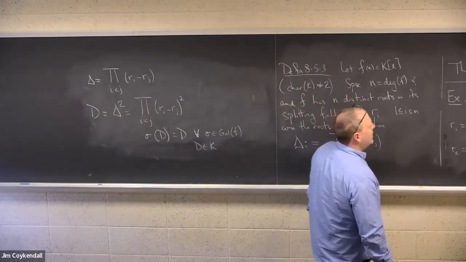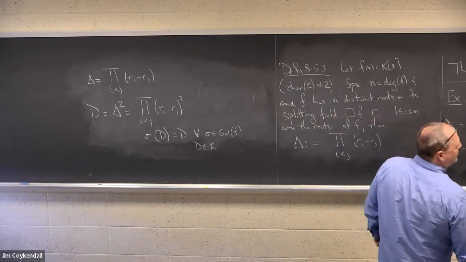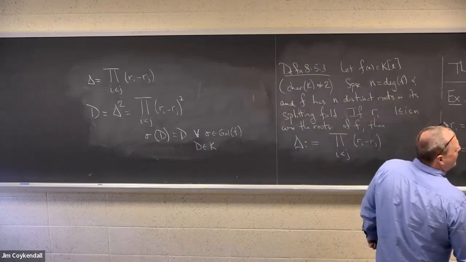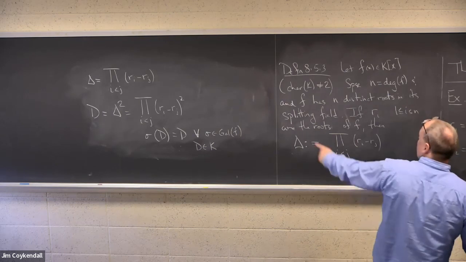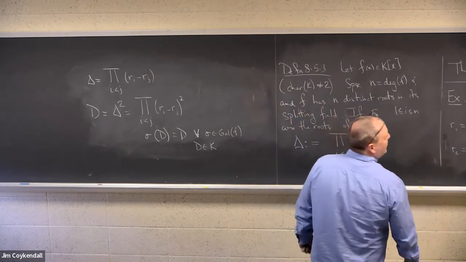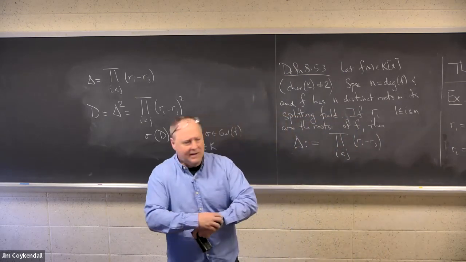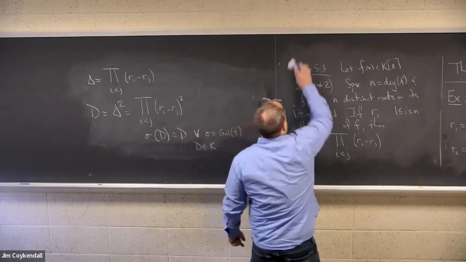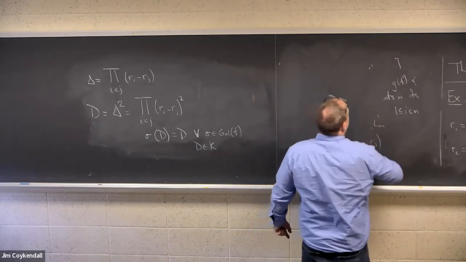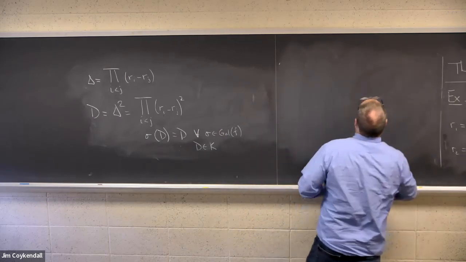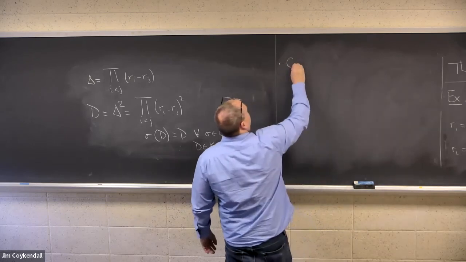What about this other remark, that the original delta is in K if and only if the Galois group is contained in A_n? Let me give you an example that you can generalize.